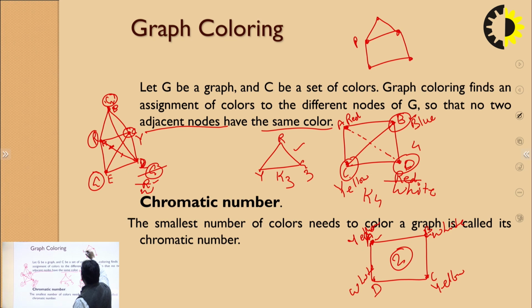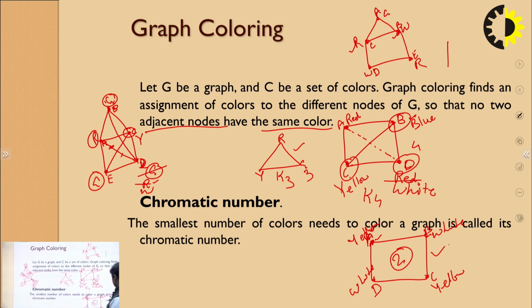Here we put red, white, red, white, but this vertex A is adjacent to vertex B and C. Then we cannot assign the same color that is already given to B and C. Then we have to give a new color, green, to A. Then this graph will not be colored with 2 colors. Then this graph will not be bipartite.